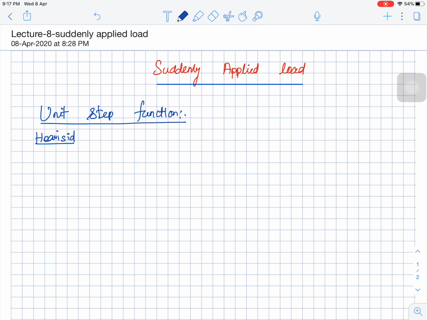The unit step function u of t minus a will be given like this, where this is t, this is the function u of t, and this is the point equal to a.